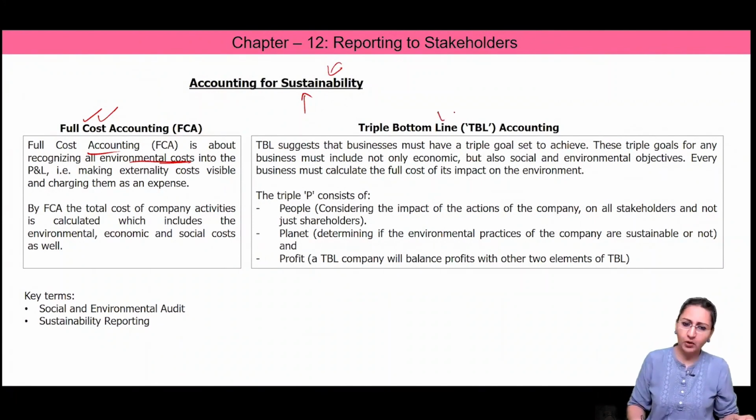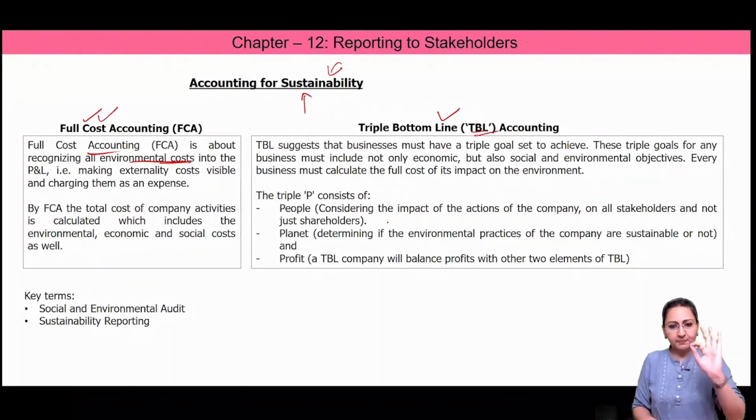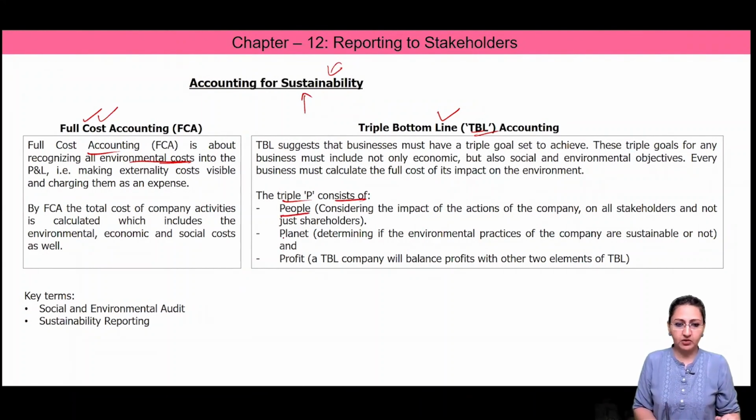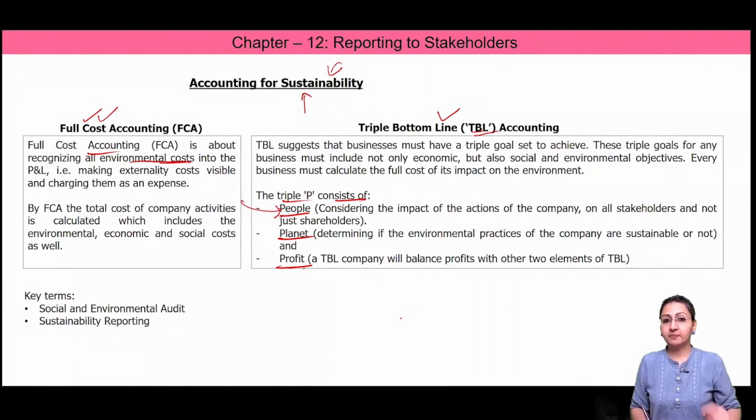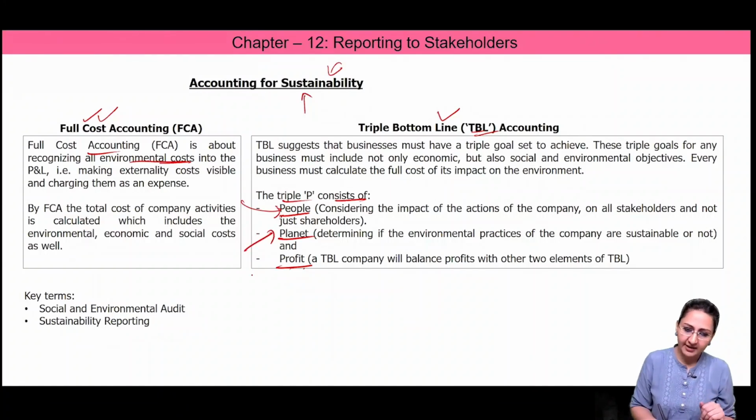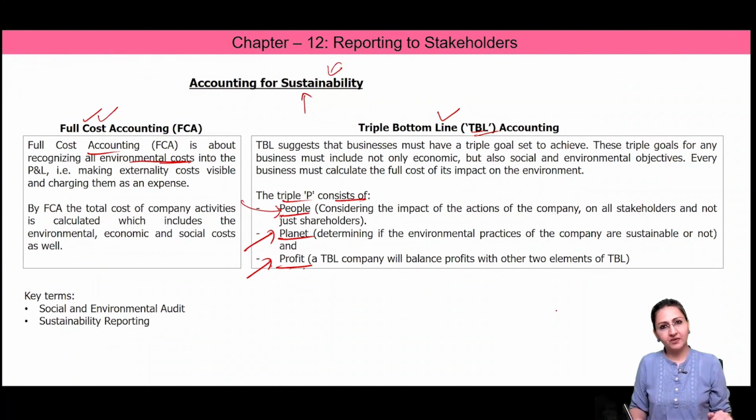Now, what is triple bottom line accounting? Triple bottom line talks about 3 P's. Talk about people, talk about the planet, talk about the profit. That means the business impact on the people, then the entity's impact on the planet, and the profit which a business is making by using the planet and the people.